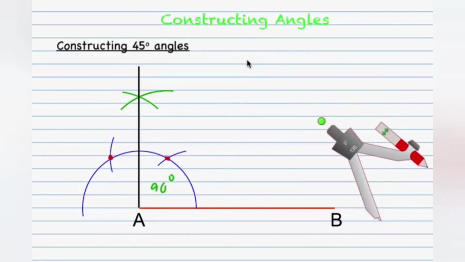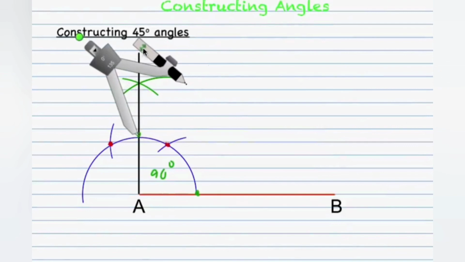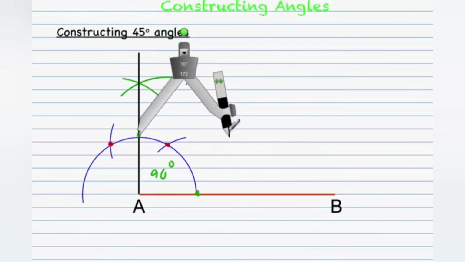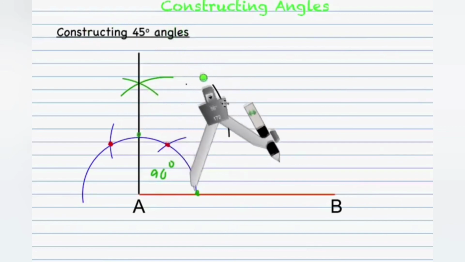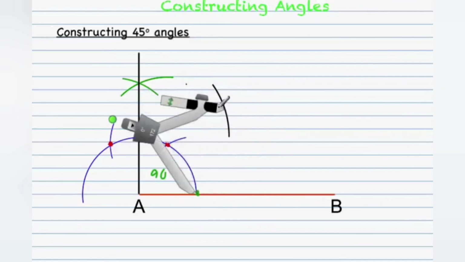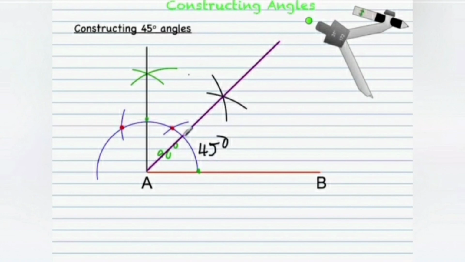To do that, place the tip of your compass on the two points that form angle 90 degrees and make an arc above, just like this. Next, draw a line from point A through the intersection, and here you have your 45 degrees.